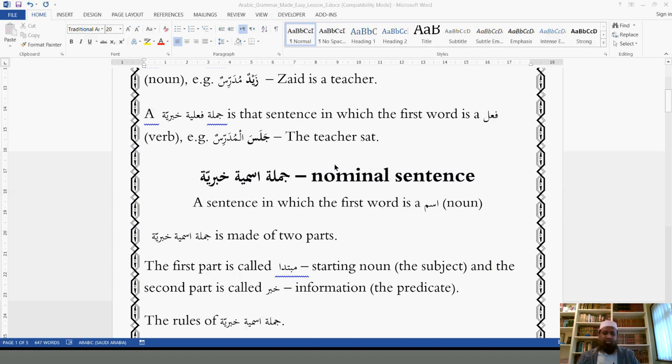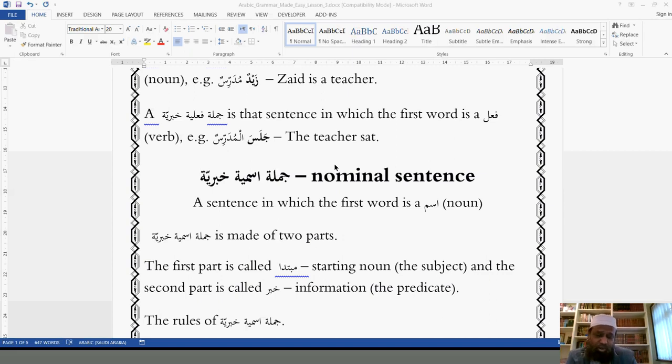The first part is called Mubtada. Mubtada means starting noun or the subject, because this is the noun you're going to talk about. This is the noun you're going to give information about. So it is called the subject, the starting noun. And the second part is called Khabar.